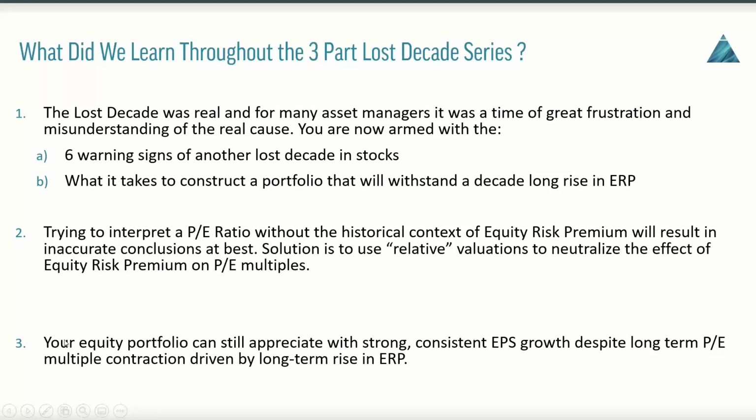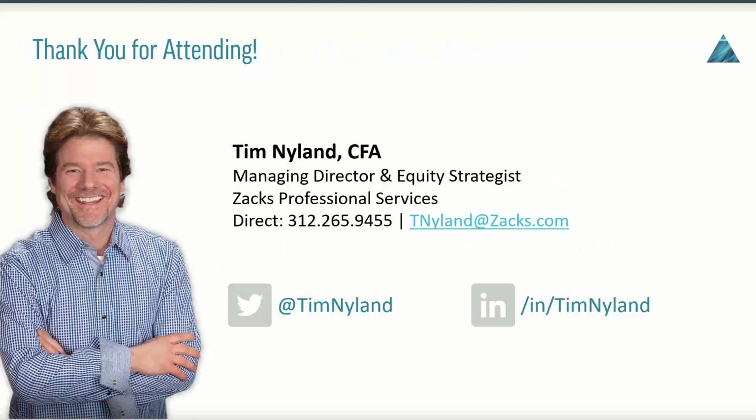The third thing that we've learned throughout this 3-part series is that your equity portfolio can still appreciate with strong, consistent EPS growth. And that's despite that long-term PE multiple contraction driven by long-term rise in equity risk premium. So again, the underlying companies in your equity portfolio, we need to make sure they have consistent and strong earnings growth to combat that contraction.